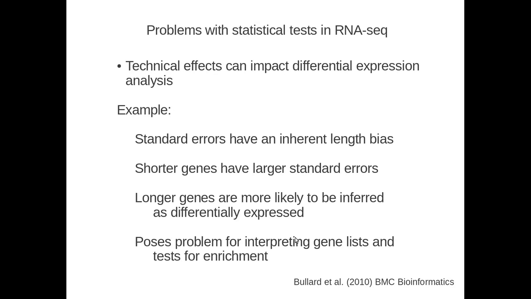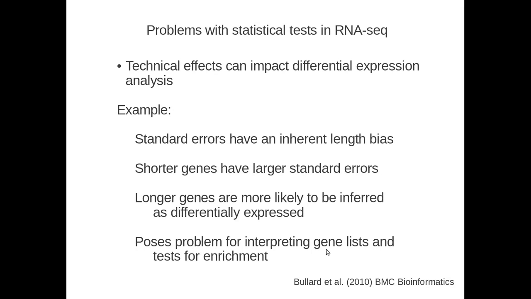So that poses a problem for interpreting gene lists when we have identified a full set of genes that differ between our treatment conditions, and then we're trying to interpret that list and identify biological pathways that tend to be differentially regulated in that experiment.